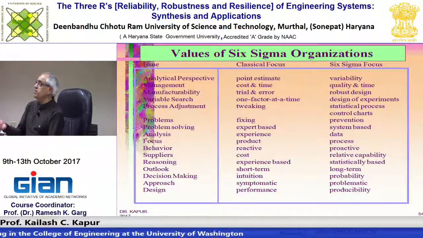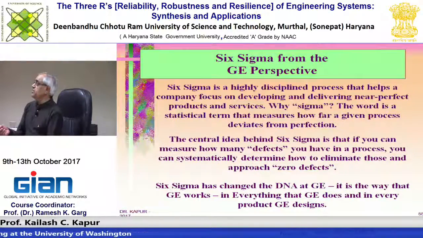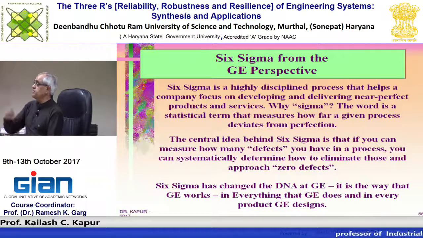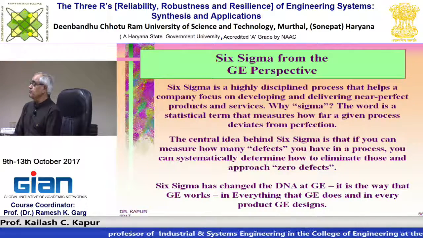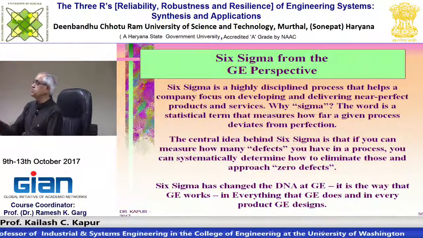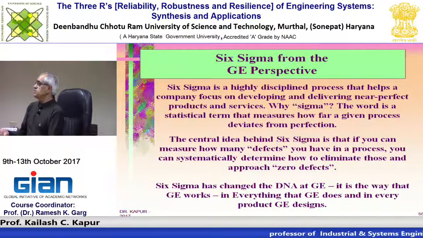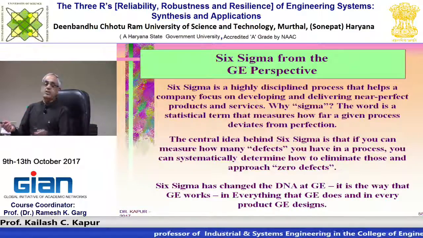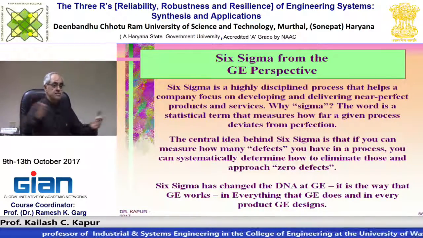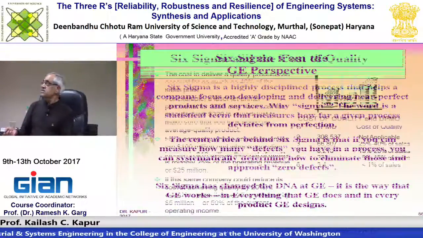So this is again marketing. What are the values of Six Sigma? Every company has a different perspective about Six Sigma. Like GE as a company, what is their perspective? It says Six Sigma has changed the DNA at GE, how GE works. And they say, everywhere we focus on these processes in our organization.